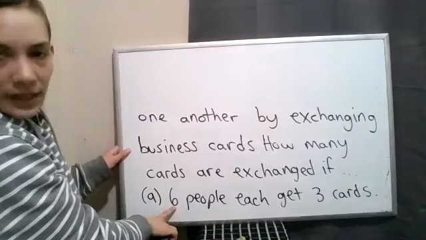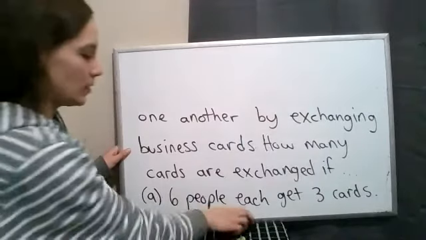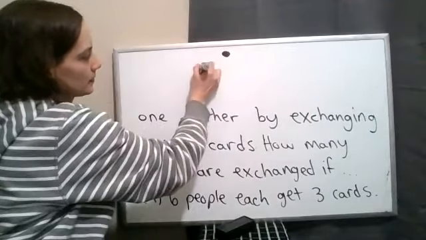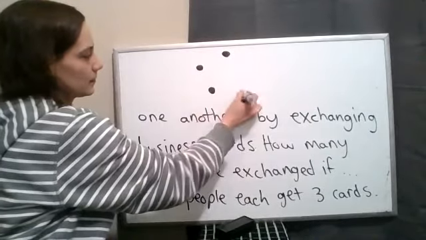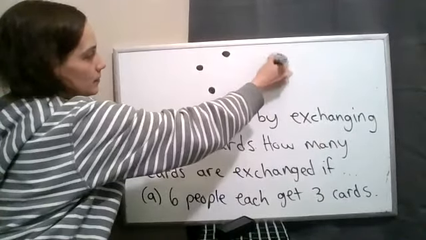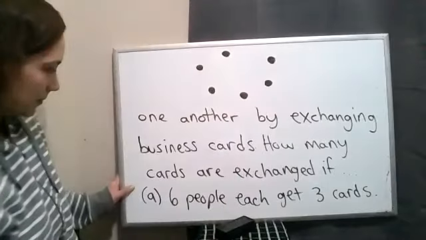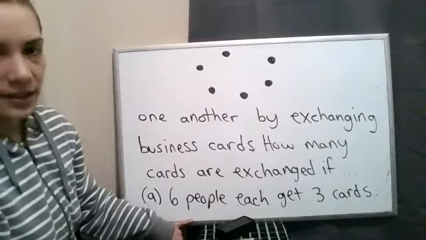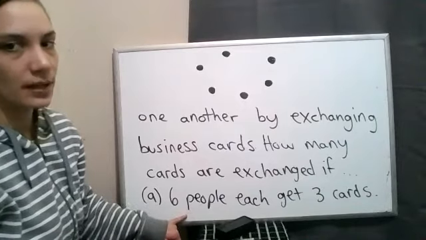Oh wait, okay, we're here. 6 people. Let's draw them in a kind of a circle. Each gets 3 cards, so each vertex has degree 3.